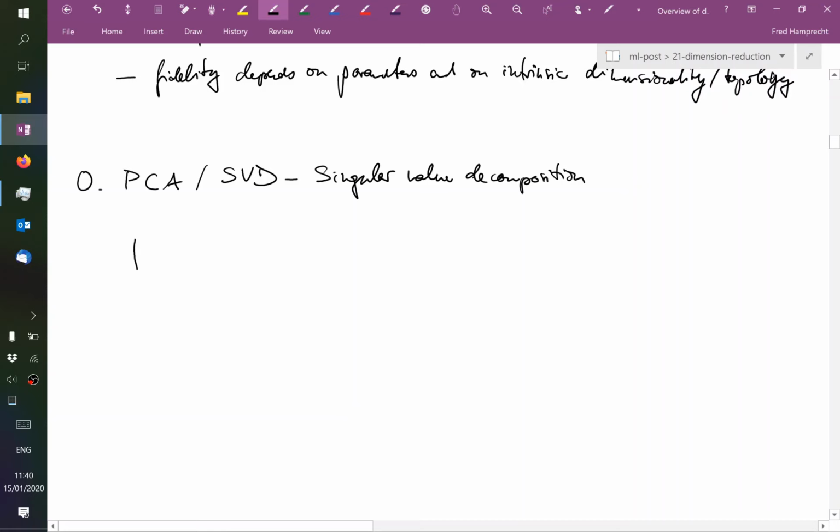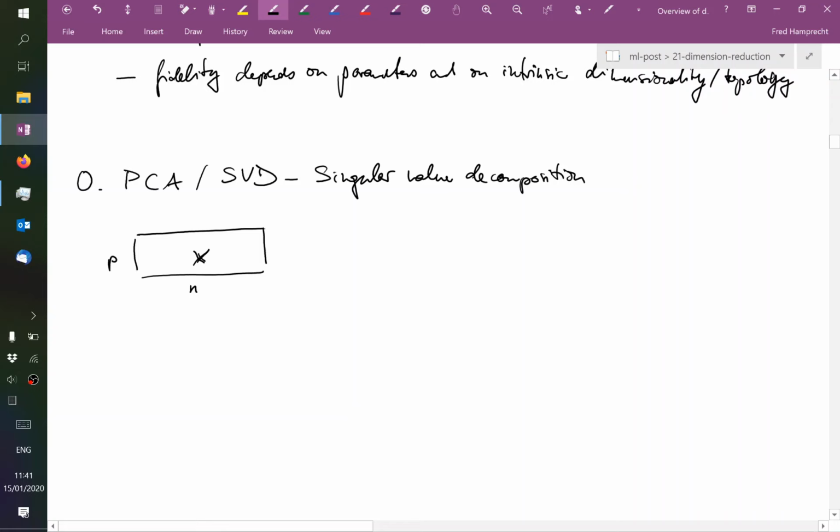So remember that we have as input a matrix X, which has p by n dimensions. p is the number of measurements, the number of features that I have, and n is the number of observations that I have. And this is supposed to be capital X here because this is a matrix.